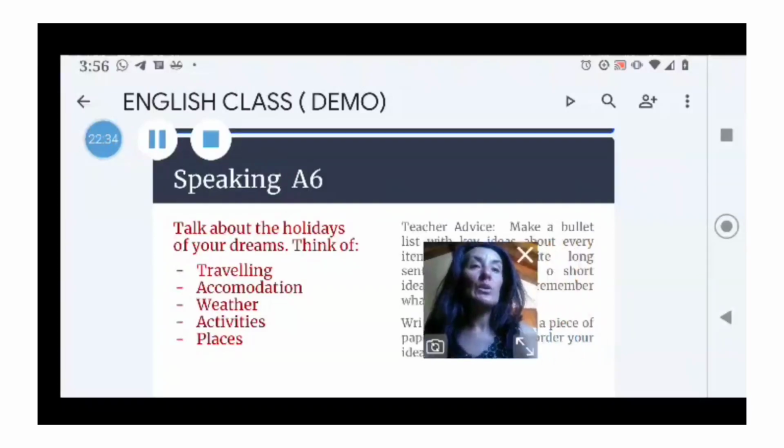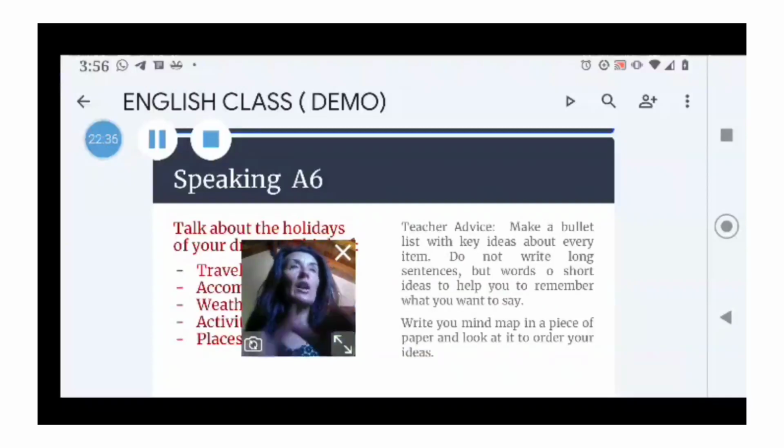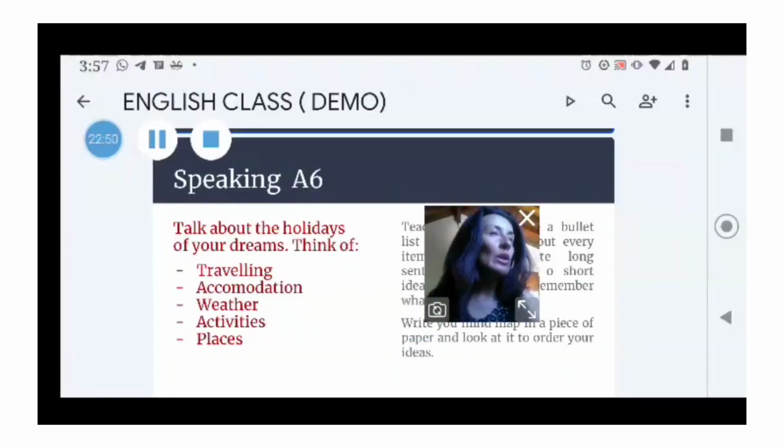So the students should not make long sentences or paragraphs or a text or study by heart. They must write down as a bullet list or a mind map general ideas or keywords about these points, which are the different aspects, items they are going to talk about in their exams for their topics.